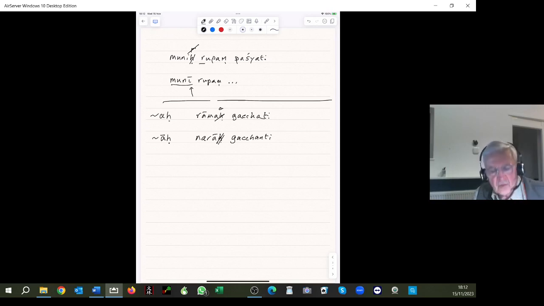I've just dealt with the rule for a and ah followed by voiced consonants. Out of turn, not following the order of the book, I've told you what happens with any vowel other than a or ah with visarga, followed by a voiced consonant. It behaves in the same way as if the next letter begins with a vowel, namely, it changes to an r.